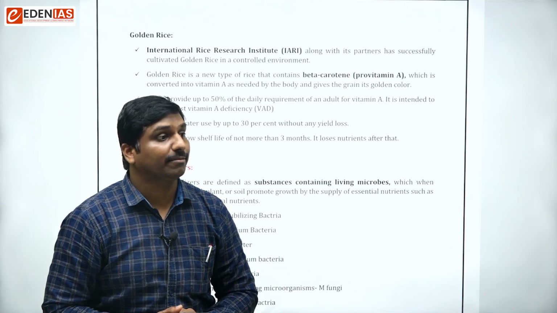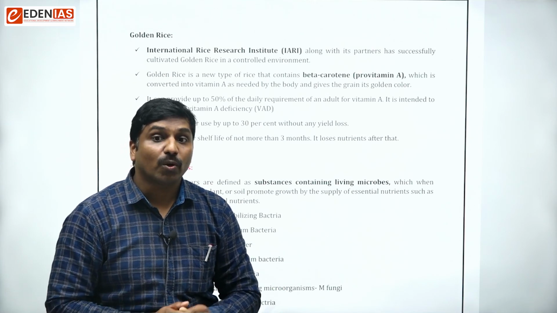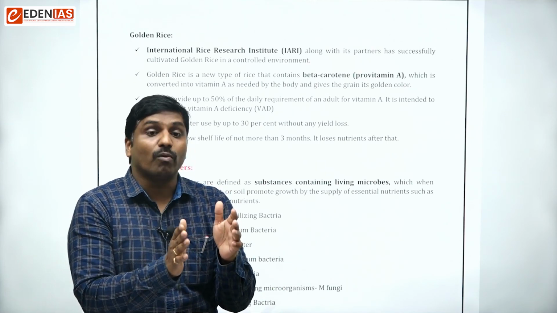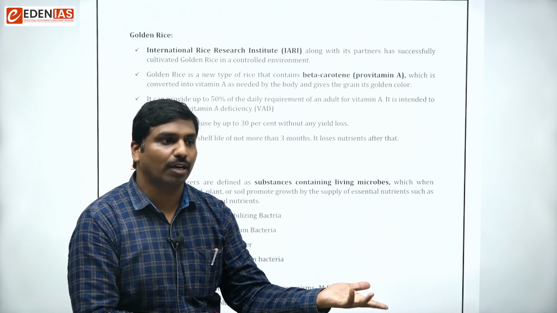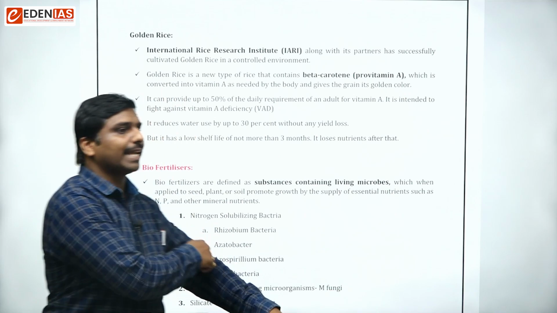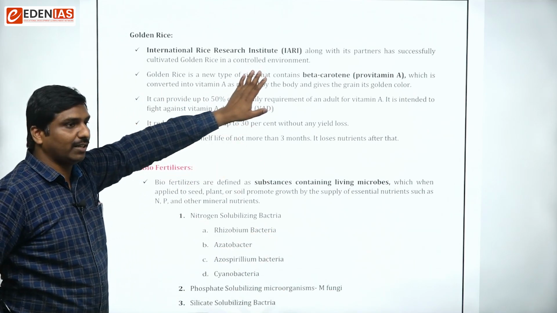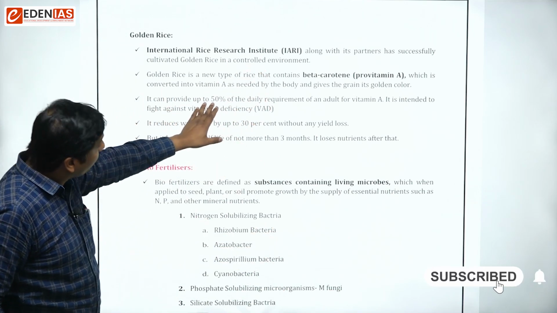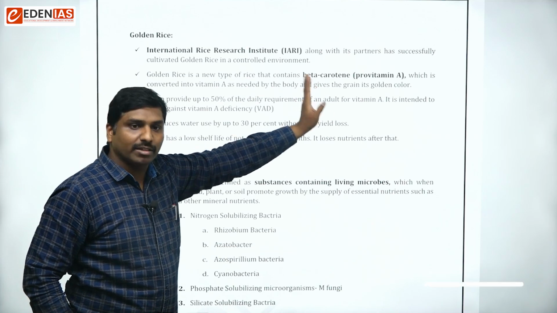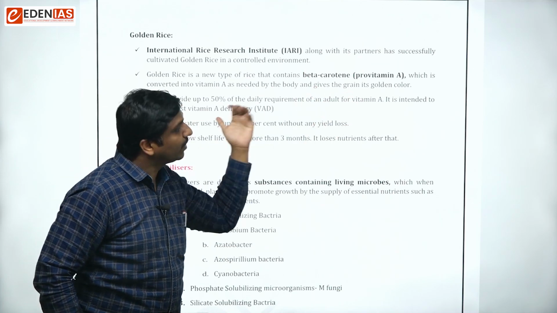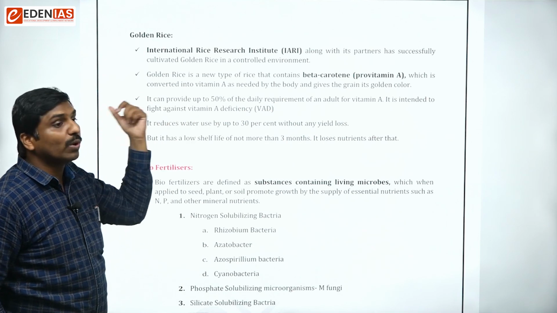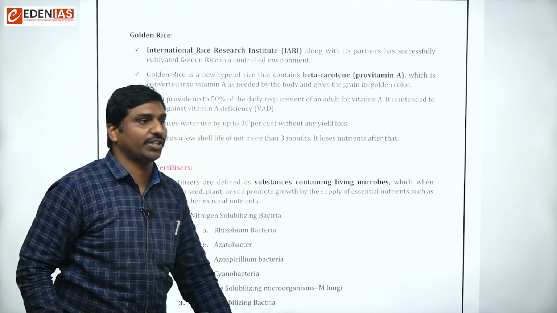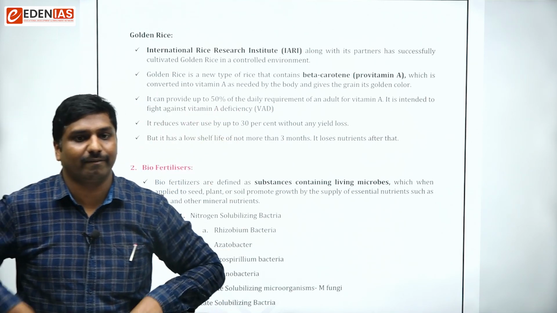So we can overcome the vitamin A deficiency issue on the whole. This can be a probable solution. It can provide up to 50% of the daily requirement of vitamin A for adults, thus helping in overcoming vitamin A deficiency. So that is another advantage.